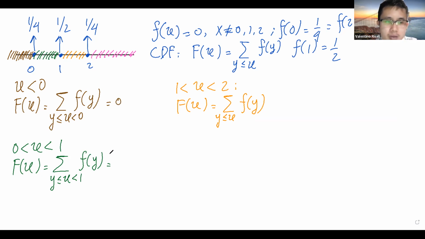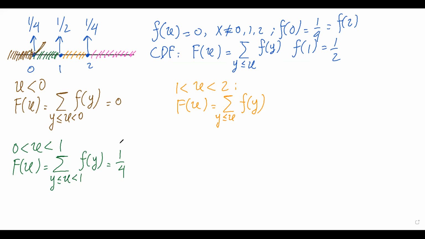Could you continue for the next area, the green area? A quarter, right? 1/4, because the only non-zero value on the left of 1 is only this point, right? Yes, this is 1/4, and then for the orange area, 3/4.